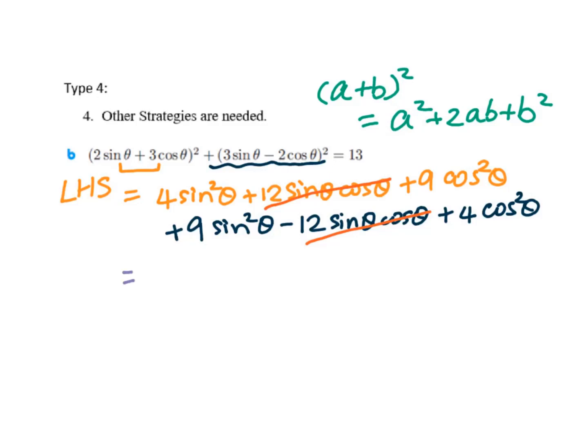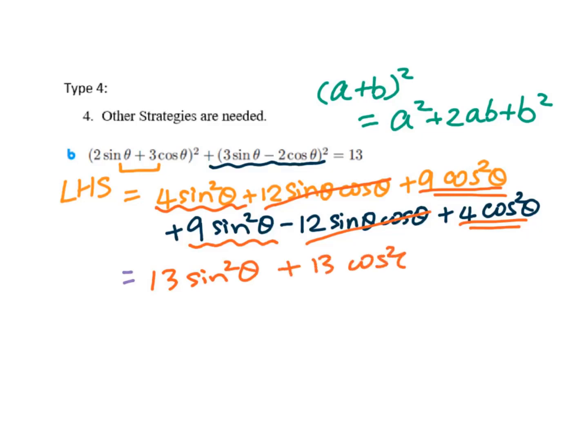So we combine like terms, these two like terms and then these two like terms. We got 13 sine square theta plus 13 cosine square theta. That will be 13 because sine square theta plus cosine square theta equals 1. That equals the right hand side.